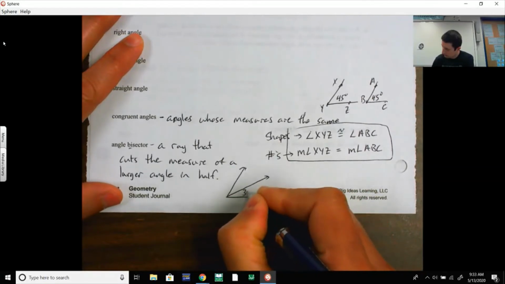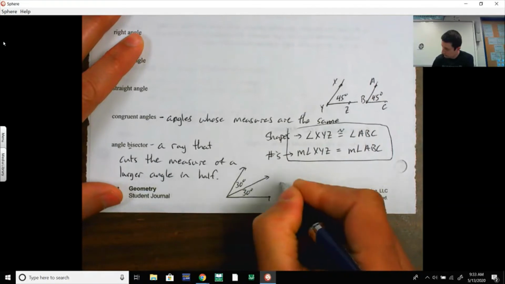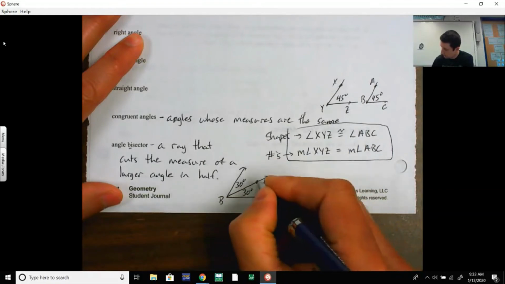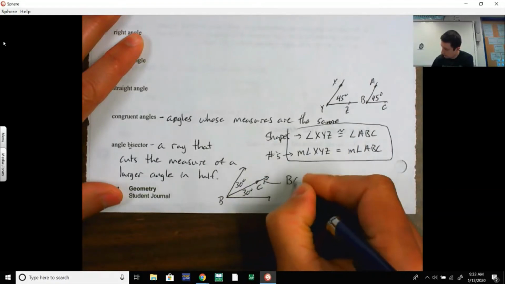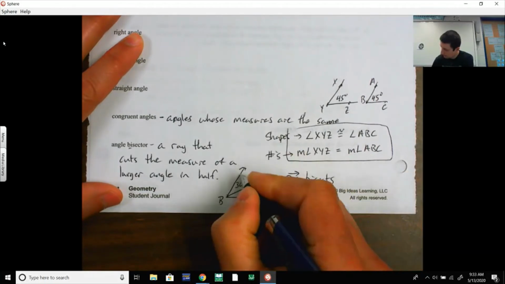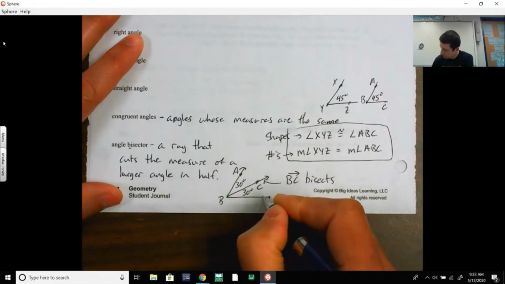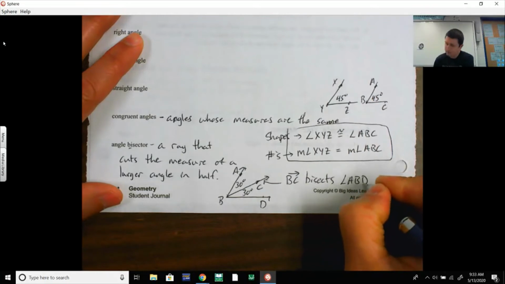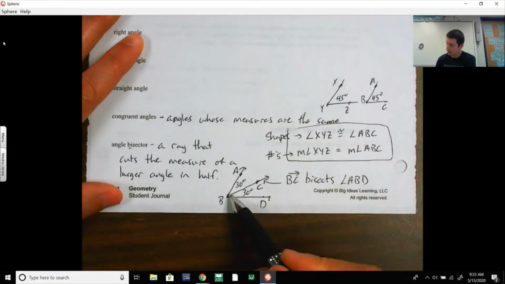So if this is 30 degrees and this is 30 degrees, let's call this BC. We could say ray BC bisects angle ABD. Okay, so here we have an angle. It's split into two 30-degree segments. So ray BC bisects angle ABD.